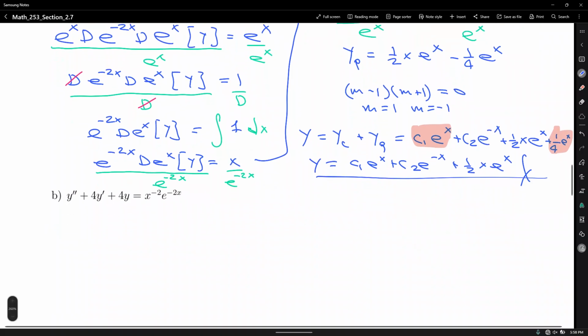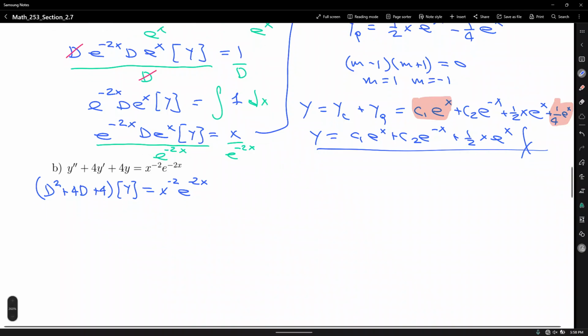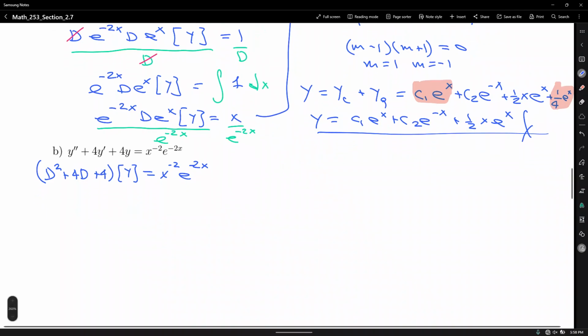Let's write the left-hand side of the differential equation. That is D squared plus 4D plus 4, all of this acting on the function y, equals x to the negative 2 e to the negative 2x. So what's next? Let's factor the polynomial. Actually, this is (D plus 2)(D plus 2).